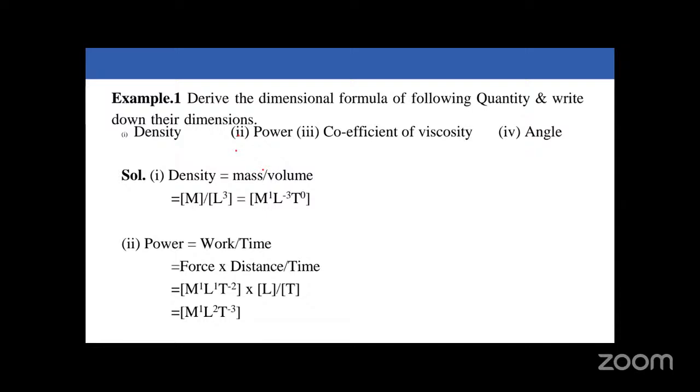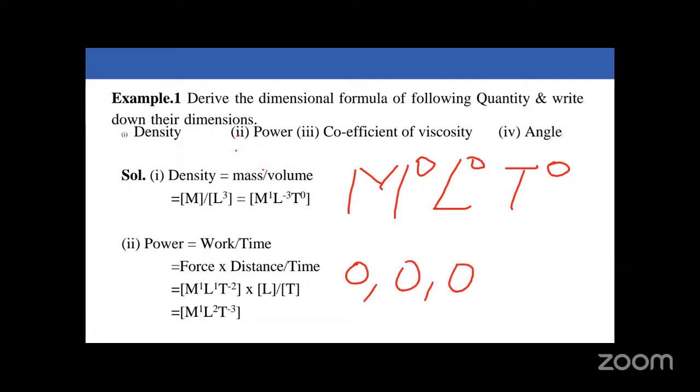So we can write that M is 0, L is 0, T is 0. So the dimension of angle is 0 in mass, 0 in length, and 0 in time. A unit of 1. So that is angle.